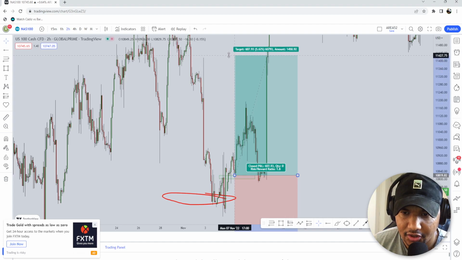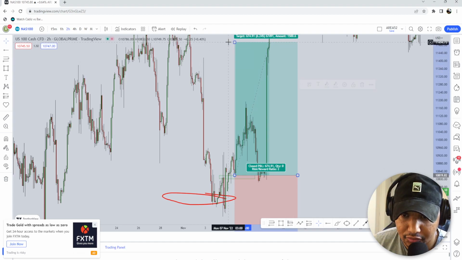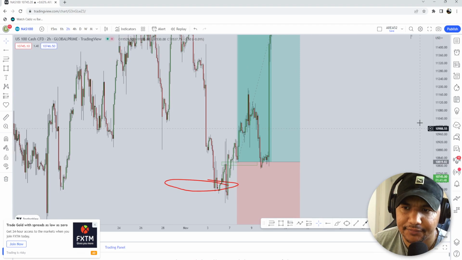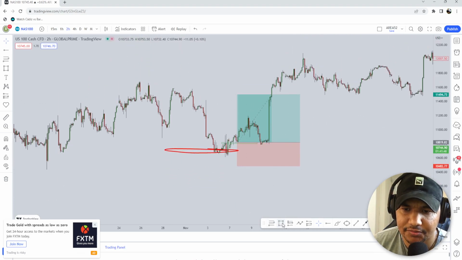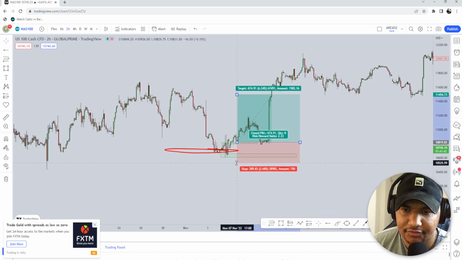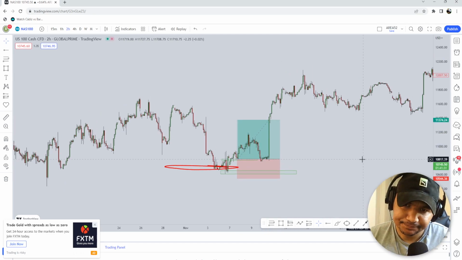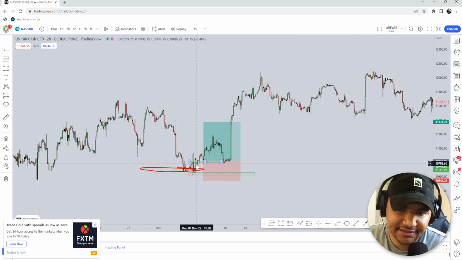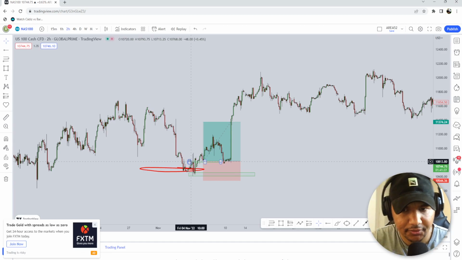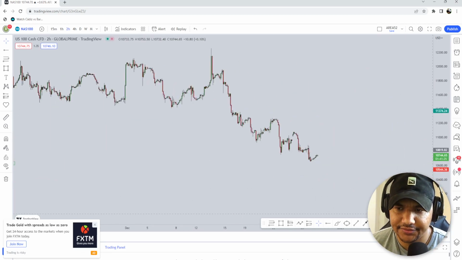That is a 1-to-2, and basically the stop loss goes below the low here, just enough to get by, and we're going to adjust this to a 1-to-3. And you're more than happy to trail your take profit all the way to wherever you see fit, and that's basically it. Your support and resistance.